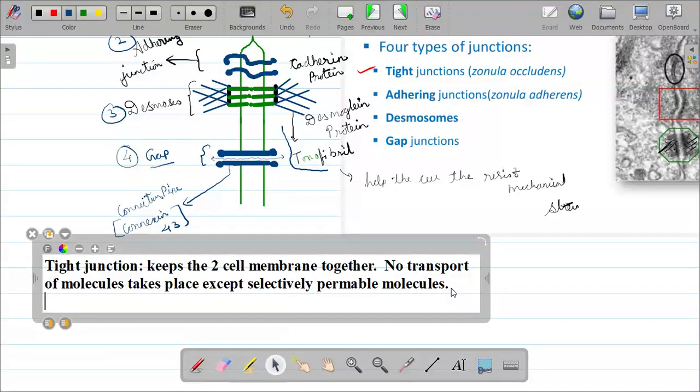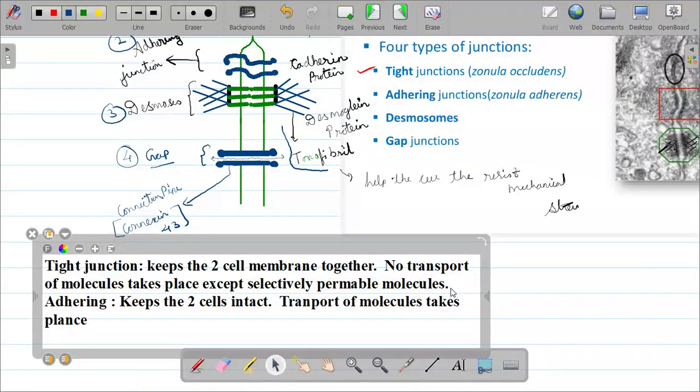Next one is adhering junctions. It just keeps the two cells intact, side by side. And here transport of molecules takes place. Next is desmosis.